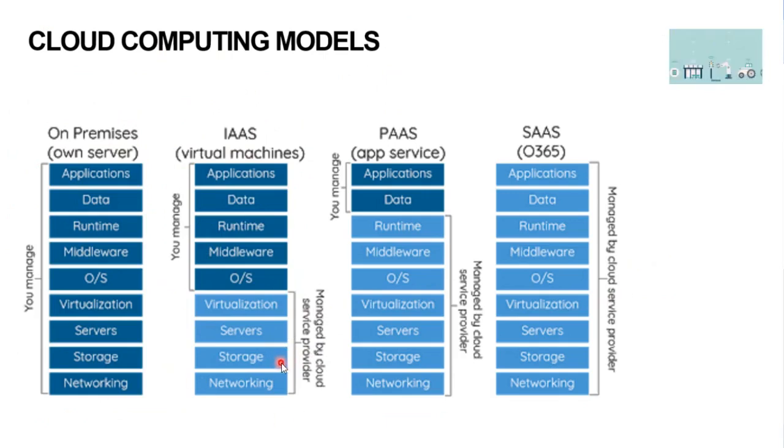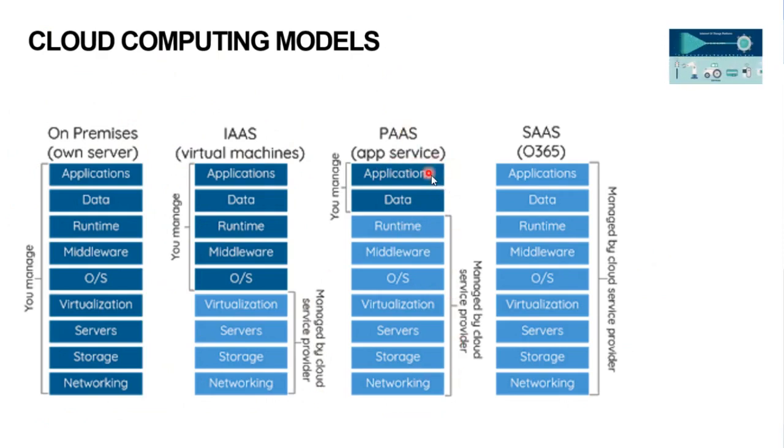Basically, it's like a virtual machine managed by the cloud provider, and you manage the software sitting on the system. So the hardware problem is for the company that you are using. So it's called IaaS.